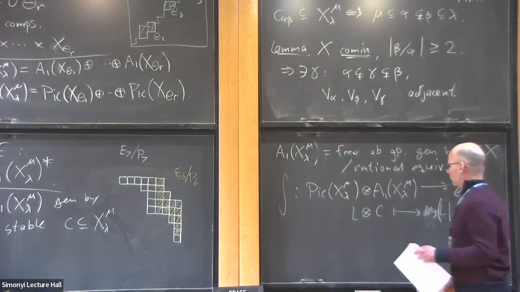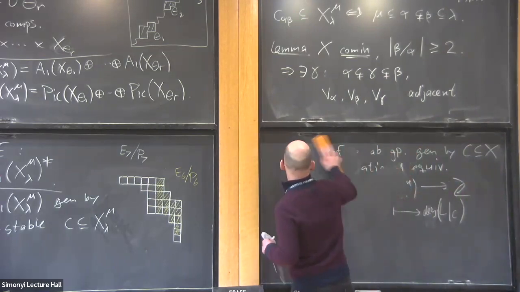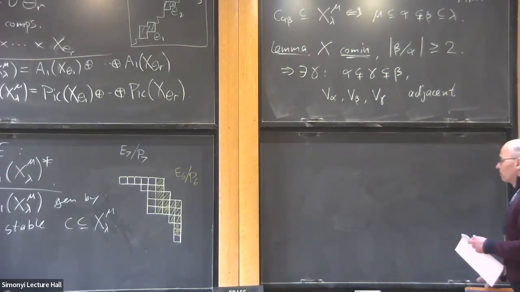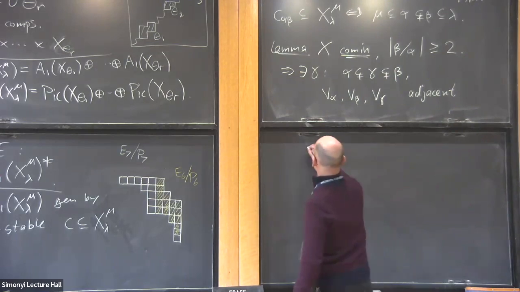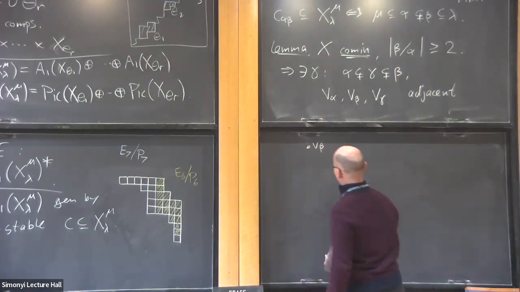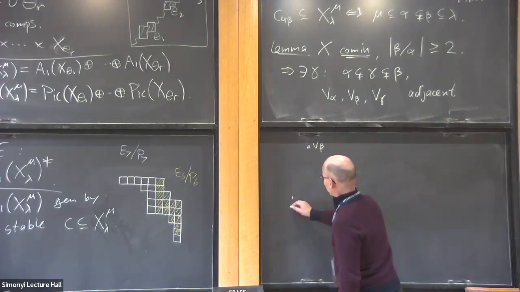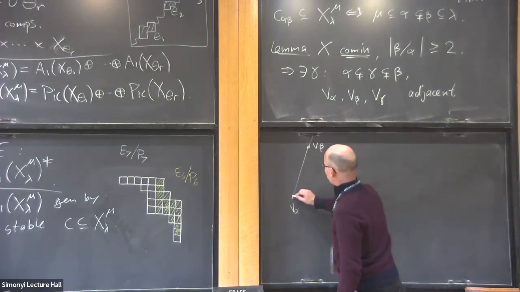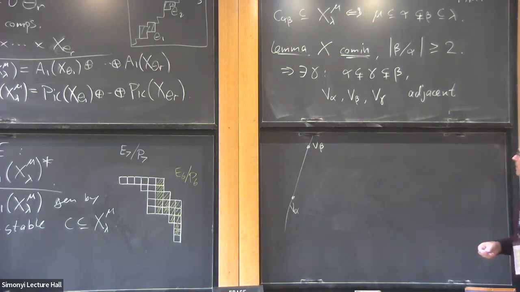Right, so the picture of this is that we had the beta sitting high in the Buch order, then the alpha is low here, and they're adjacent. So you have a T-stable curve through them.